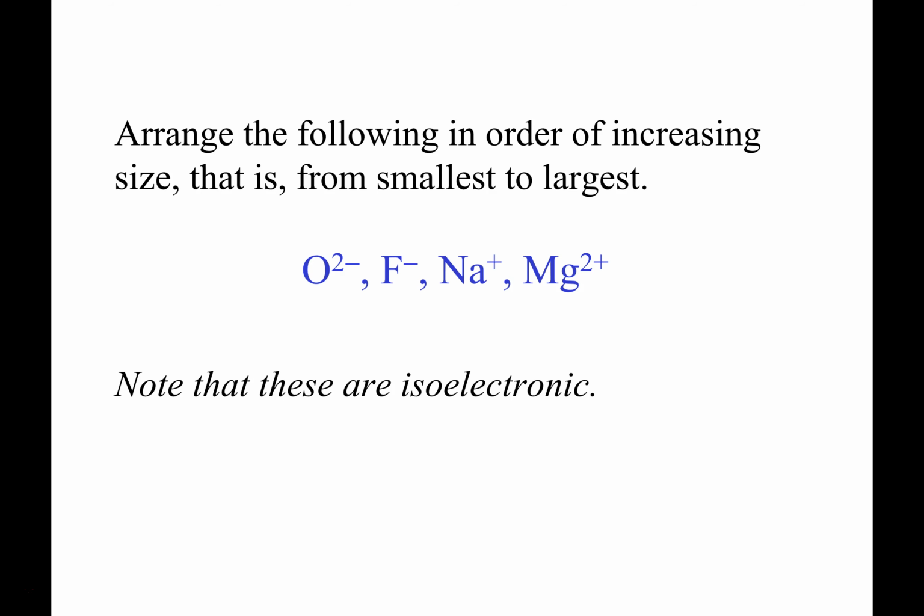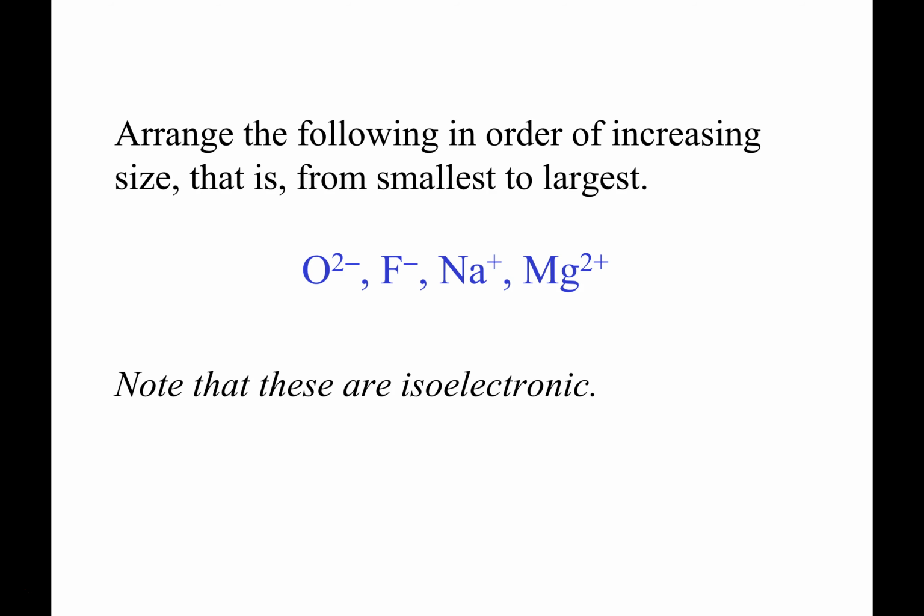If you go into period 3, and this slide is kind of picking on these guys, sodium and magnesium, they're actually going to kick off electrons. Sodium will kick off 1 electron, so instead of 11 electrons, now it has 10 electrons. Magnesium will kick off 2 electrons, so instead of 12 electrons, it will have 10 electrons.